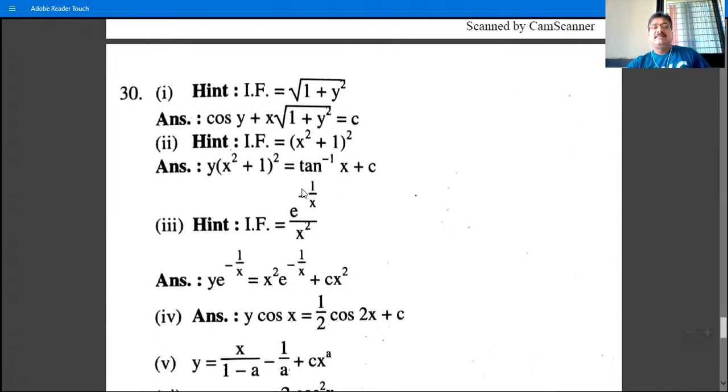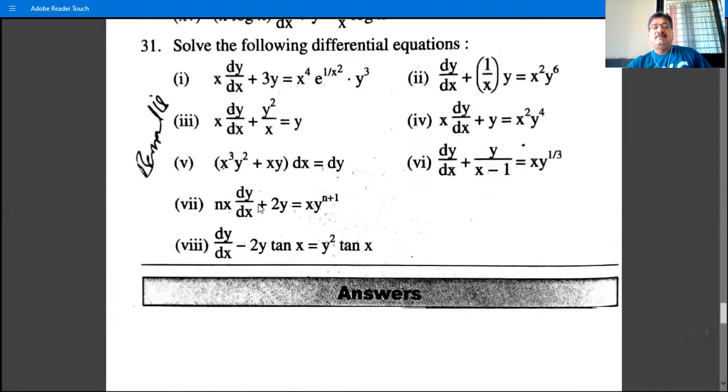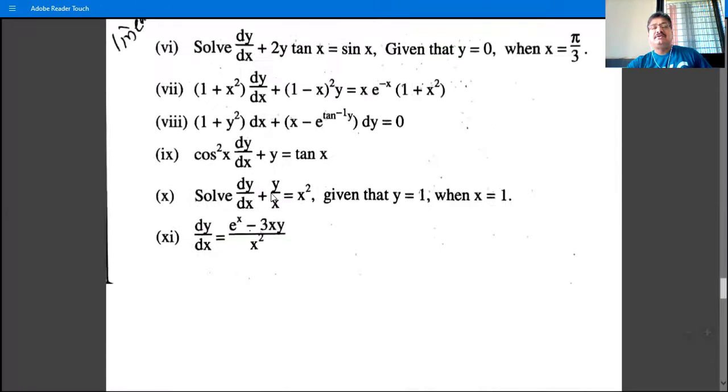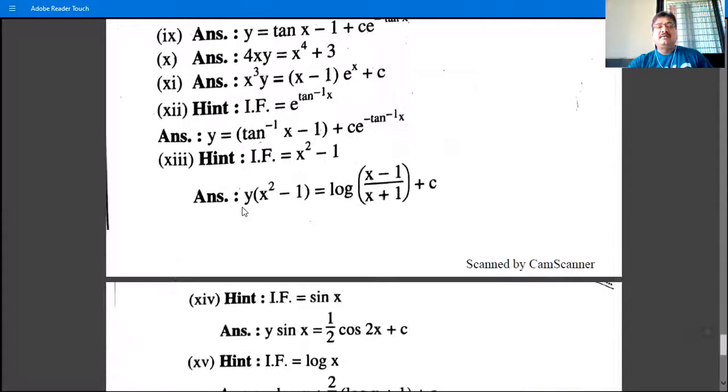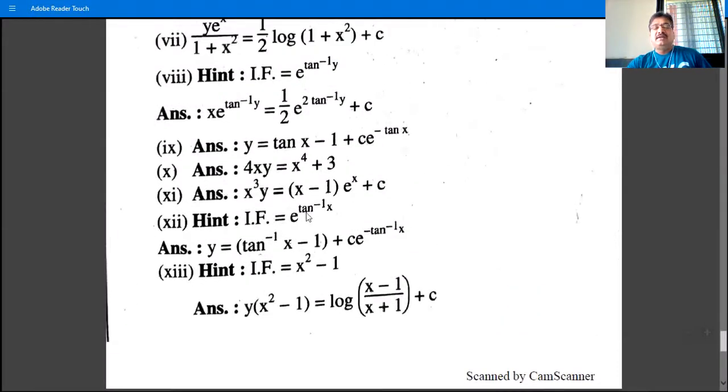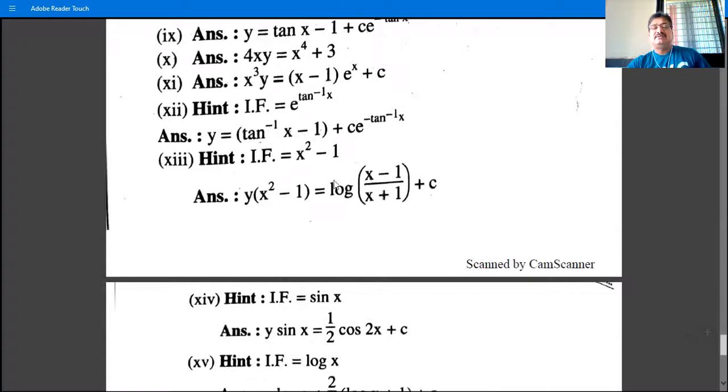Answers are given. If you consider this as a linear differential equation, find the integrating factor. The integrating factor is given here, so hints are given and the answers are given. In each example, the integrating factor and its answer are given here.